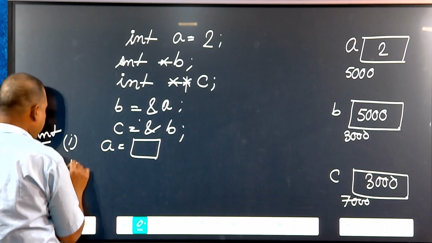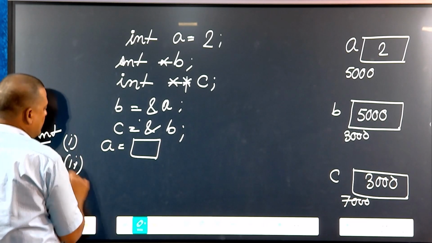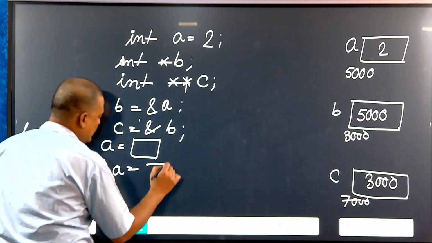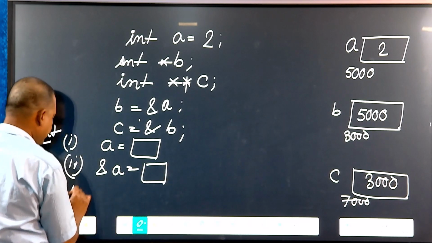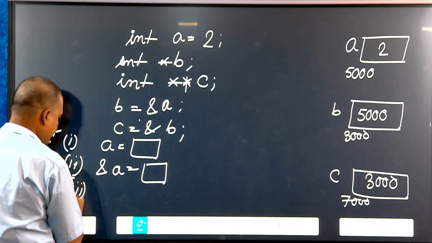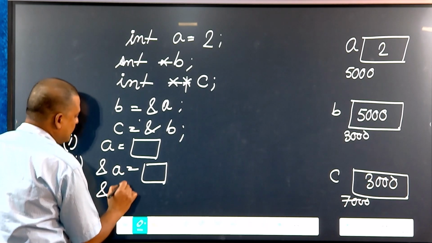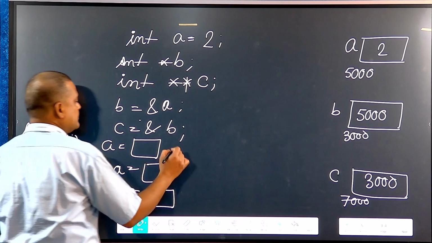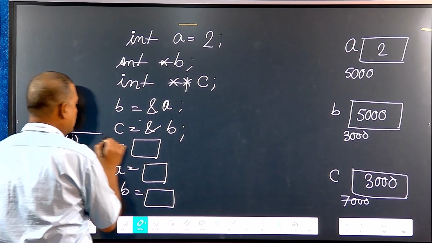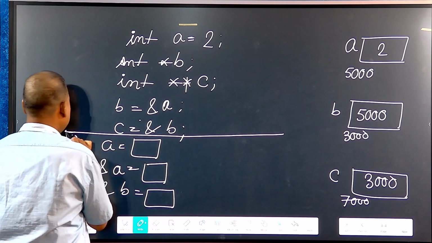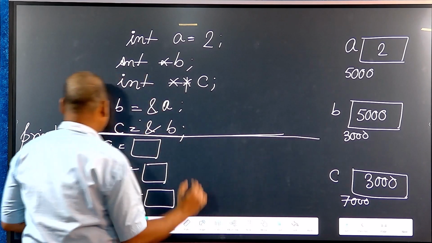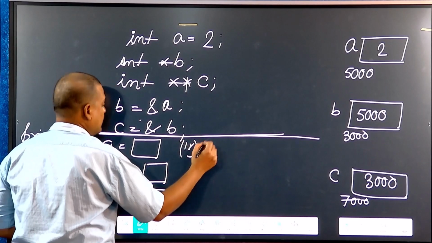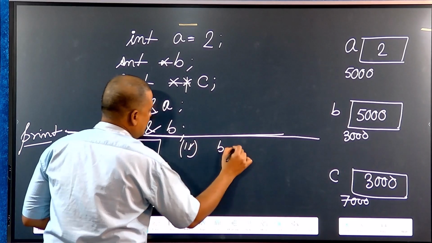If I have address of a, what is the output? Address of b, what is the output? Think about this program, and at the same time you can solve them.